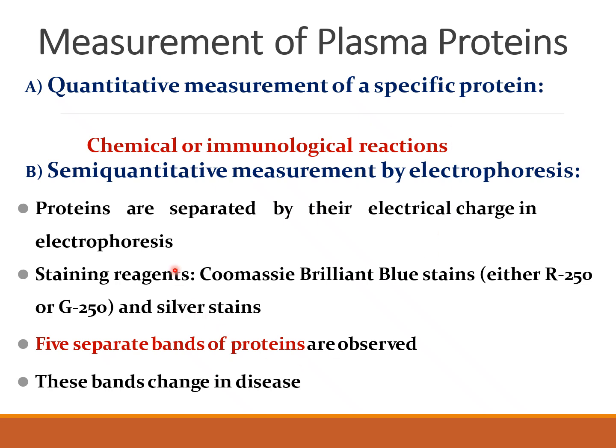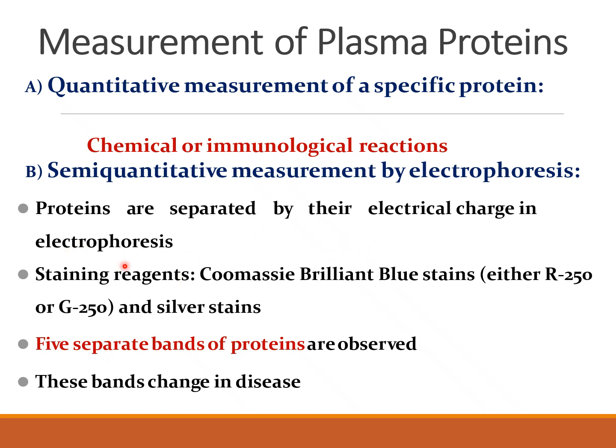Measurement of plasma protein is an important subtopic, because plasma proteins are identified by the electrophoresis technique. We'll see three to four small slides, and it may be asked as a 5-mark question also. It can be measured by quantitative measurement of a specific protein using chemical or immunological reactions, and by semi-quantitative measurement using electrophoresis, where the proteins are separated by electrical charge.